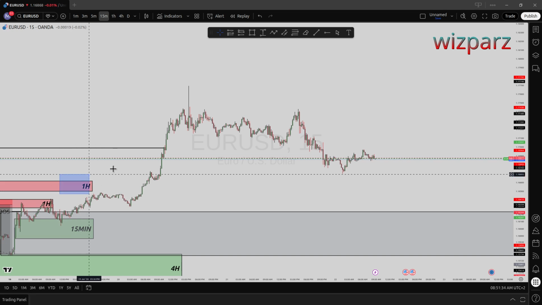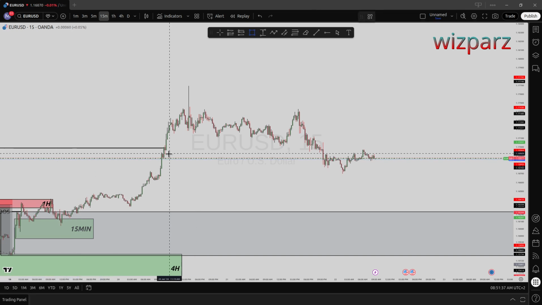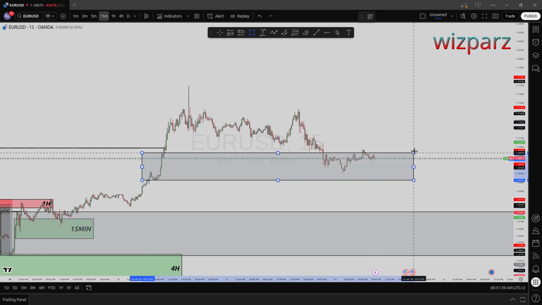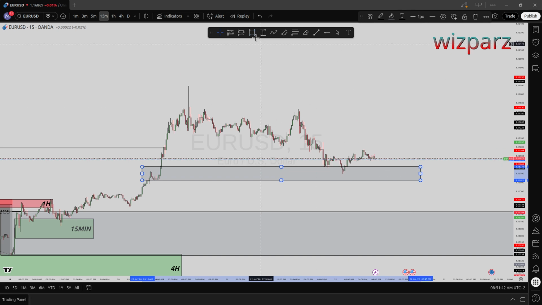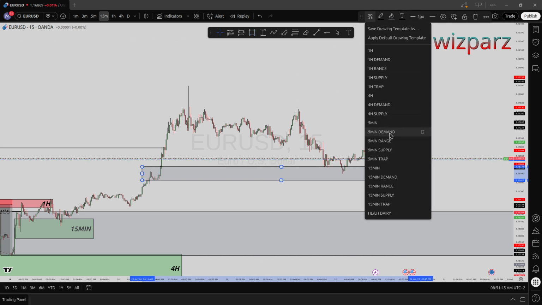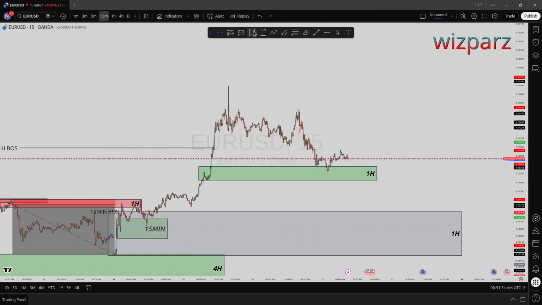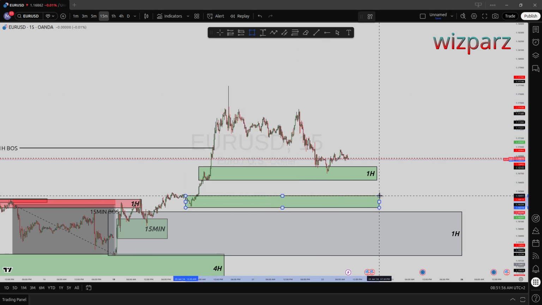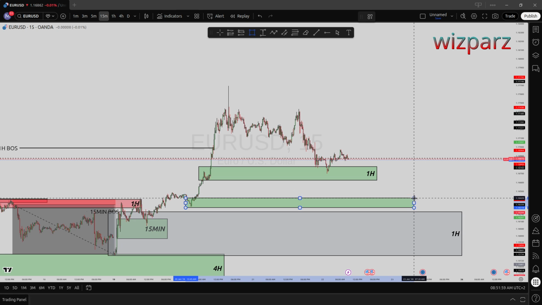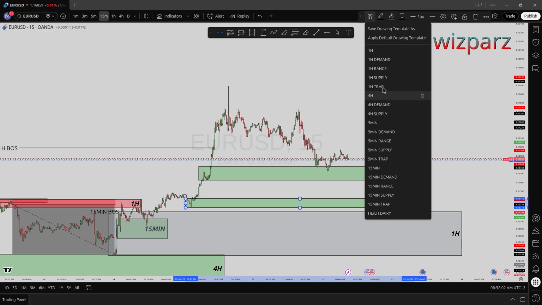And as you can see, let me get rid of this supply. Right now the market is currently reacting on this demand area of 1 hour, and this is the right setup to take because this change of character is coming from a major 4-hour zone, and that is the second confluence.